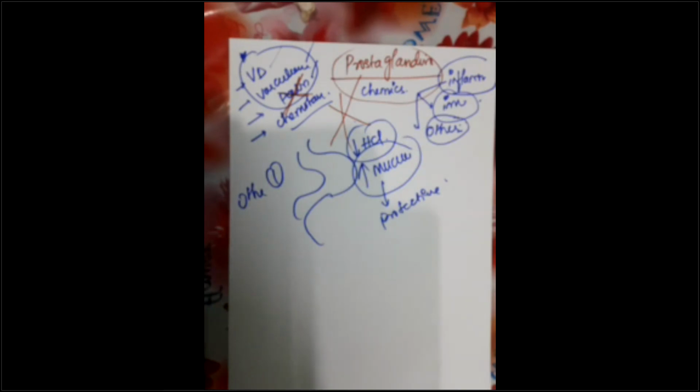Pharmacological classification. Someone said NSAIDs. What are NSAIDs? Non-steroidal anti-inflammatory drugs. We are going to discuss them in detail. Don't tell the class name, tell the drug name also. Don't tell brand names like Dolo, tell the generic name.